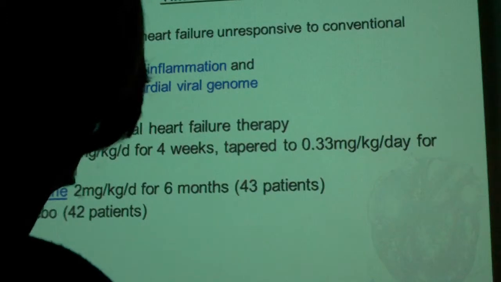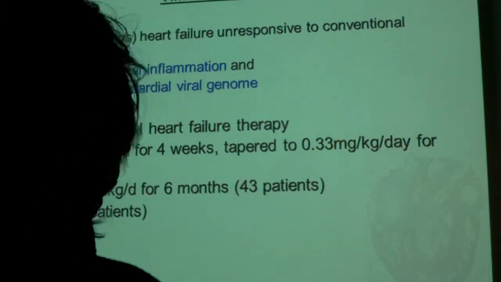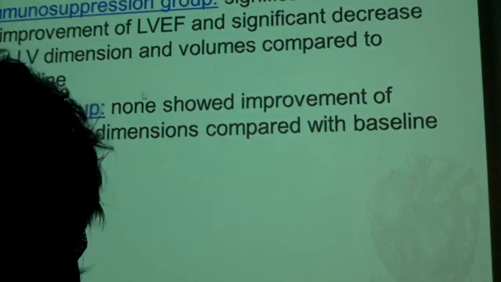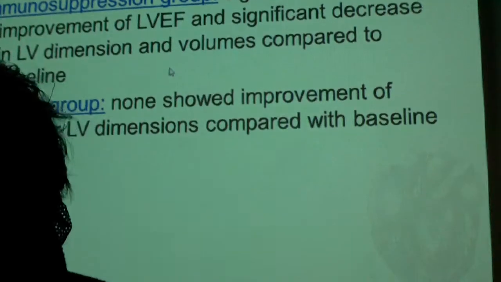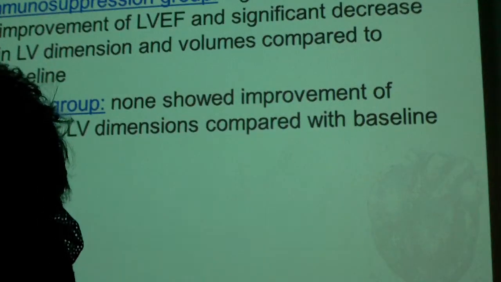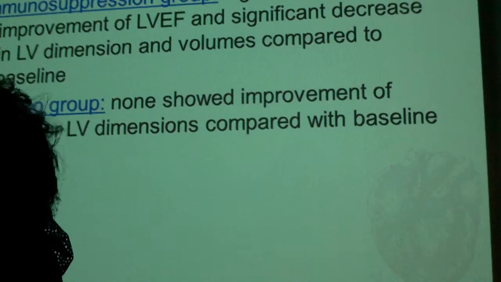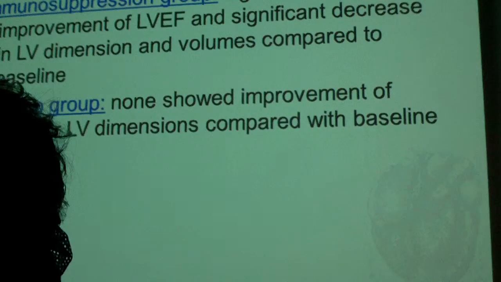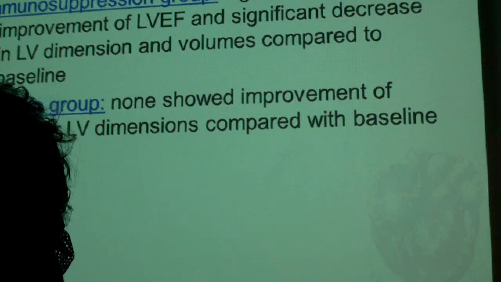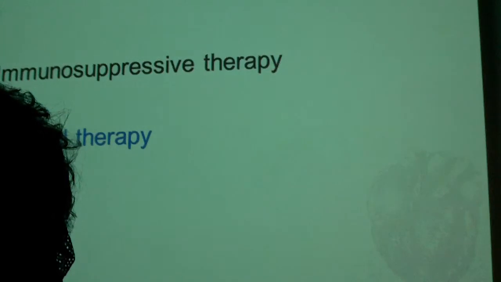That group he treated with a very high regimen of immune suppression. And then also he saw an improvement in cardiac function, and the placebo group did not improve at all. So this also suggests that immunosuppression works in this group. As you can see, it was 85 patients, so a very small group of patients.